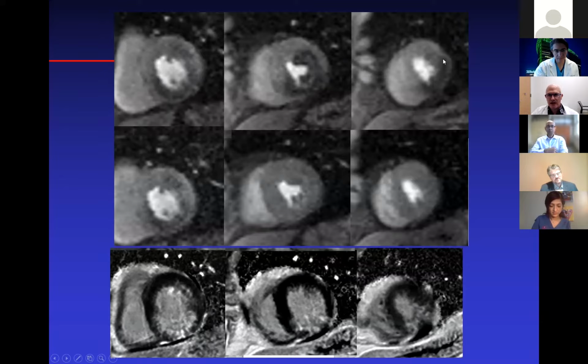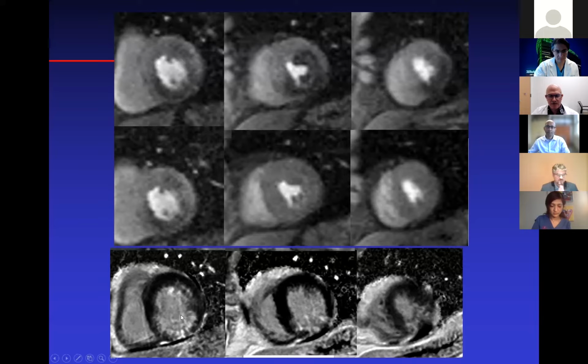And at the apex, the lateral and inferolateral walls show this perfusion defect. At rest, the apex and mid look like fairly homogeneous perfusion. At rest, there may even be a rest perfusion defect in the inferoseptum and inferior wall.